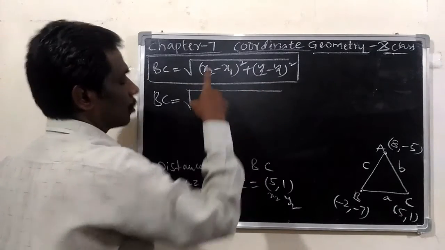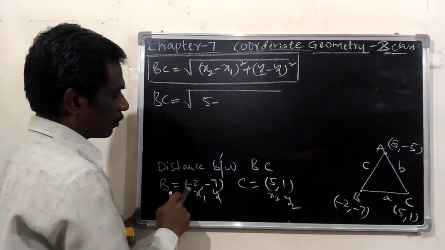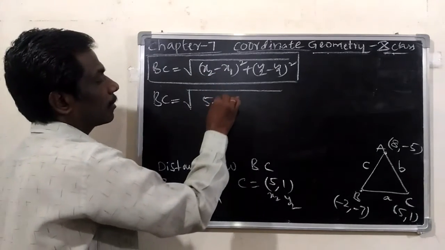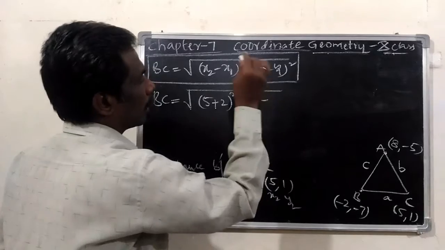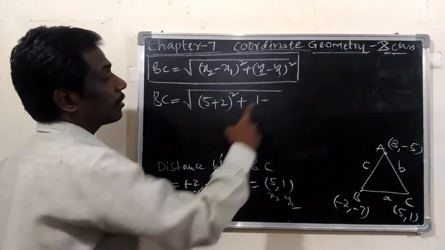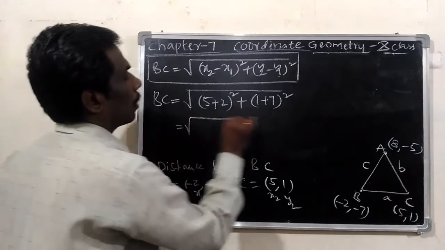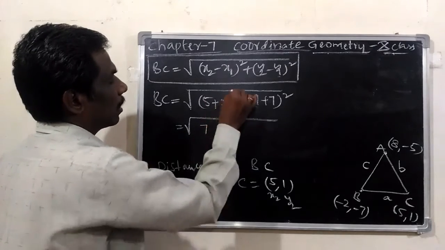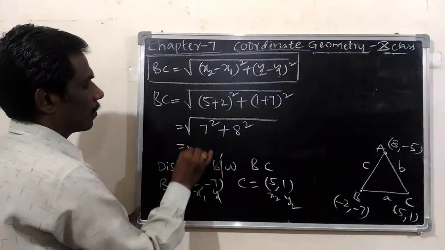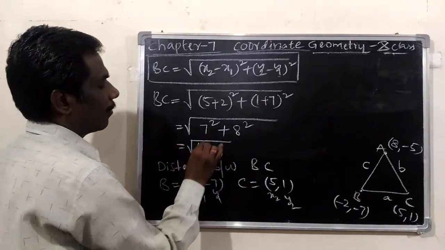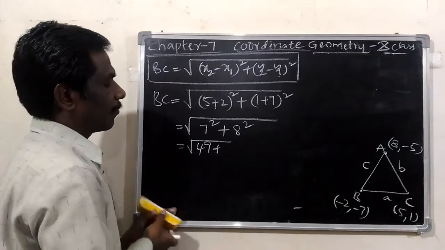Substitute the values: under root of (5 minus -2, which is 5 plus 2) whole square plus (1 minus -7, which is 1 plus 7) whole square, equals under root of 7 square plus 8 square. 7 square is 49 and 8 square is 64.